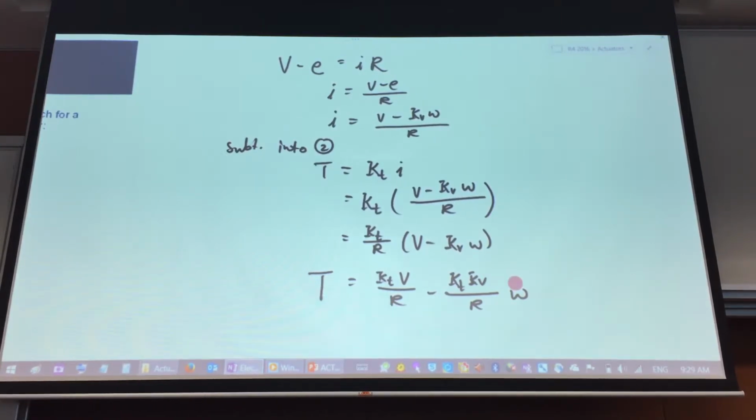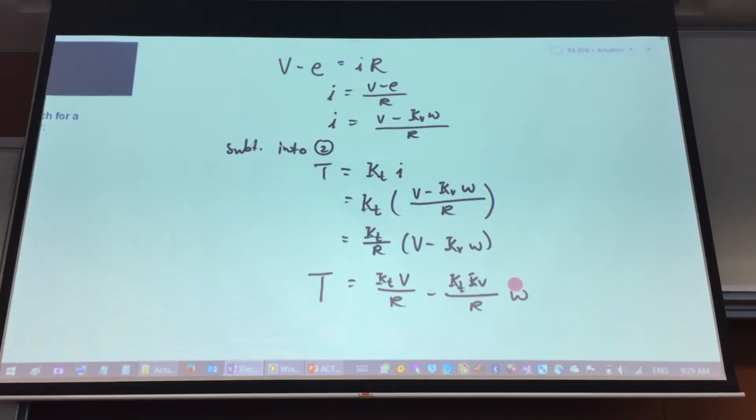It's a torque constant. KT and KV happen to have the same name. They are both called the torque constant, where your KT relates to your torque, and then your KV relates to your back EMF. This is also a constant.